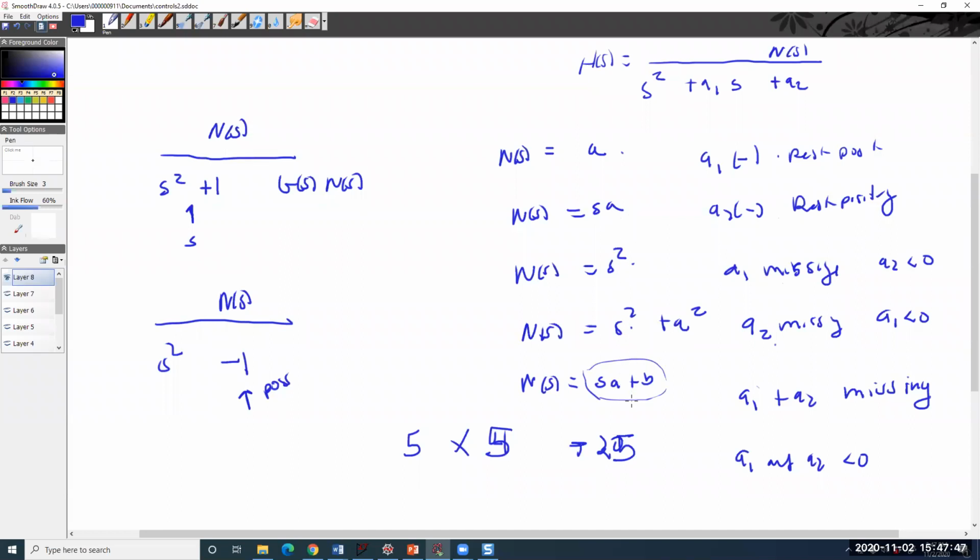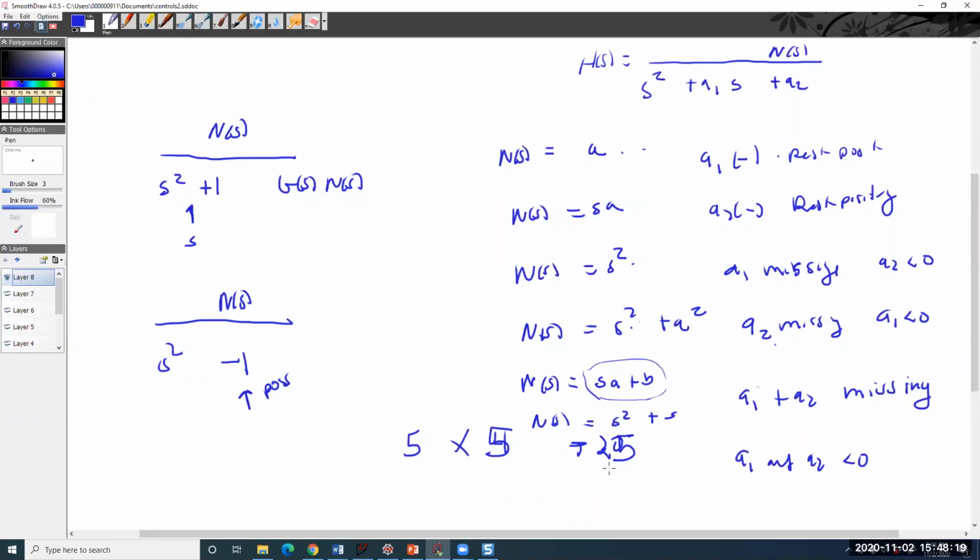And I guess you could also have S squared plus S. They're not named filters, but they are proper. They're possible systems. So these are all the possible existing second order numerators, and I think these are all the possible ways it could go wrong.